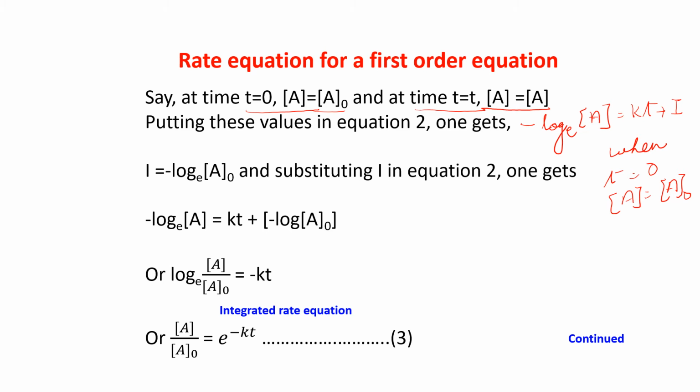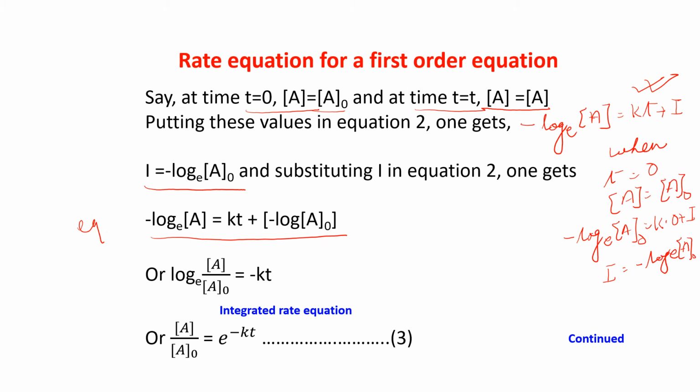So just put it here: minus log e A0 is equal to k into 0 plus I. So I is equal to minus log e A0. Now in this equation, put the value of I.